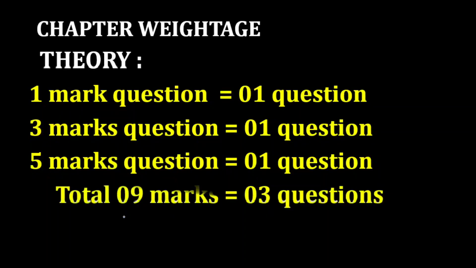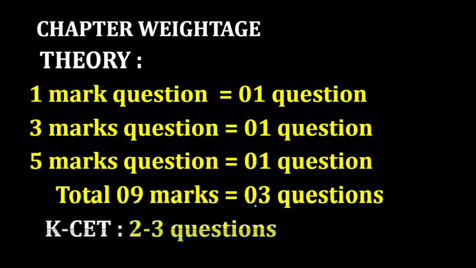So in total, 9 marks and 3 questions. For KCET, 2 to 3 questions will be asked. If we include the first year chapter on relations and functions also, they may ask 3 to 4, sometimes 4 to 5. So there will be plus or minus one question in the Karnataka CET.